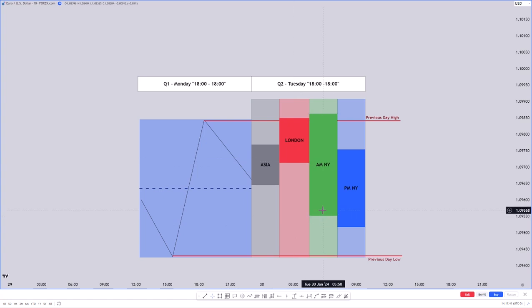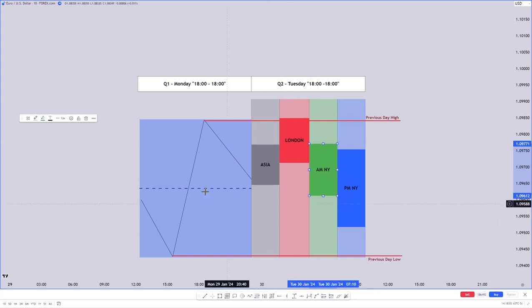The characteristics of this happening is you're looking for this same micro model to present itself for London, meaning that when London sweeps the previous day high, right, you want to see within Q3 a micro session model, right? London forms the high of the day, then New York distributes lower, forming the low, and then now Q4 can be a reversal higher.